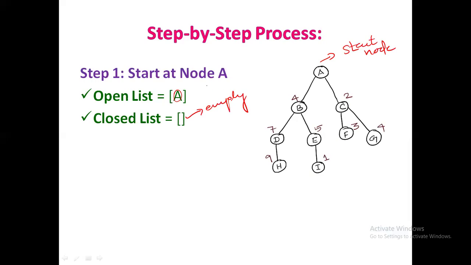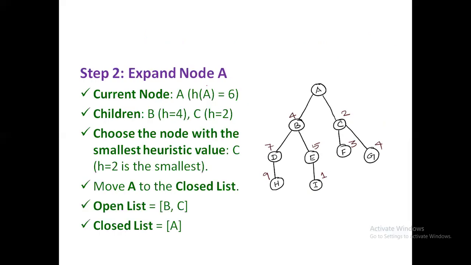Step 2, expand the node A. In the second step, we are expanding node A. Node A is expanded, and the algorithm evaluates its children, B and C. The heuristic value for B is 4 and for C, h is equal to 2.